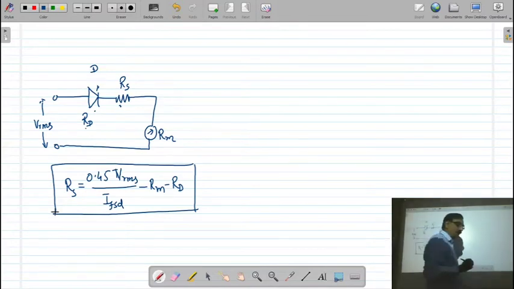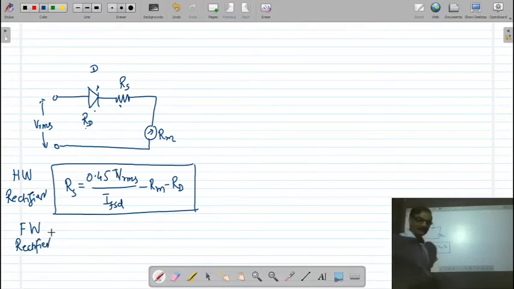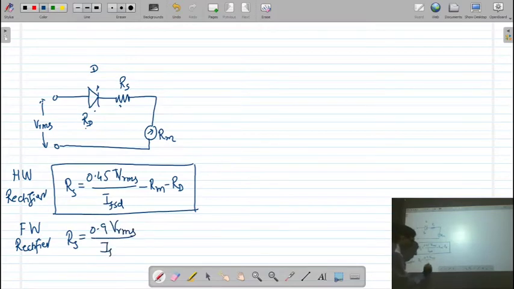Now, second thing, instead of a half wave rectifier, remember, this is for the half wave rectifier. But in an AC voltmeter, if you are using a full wave rectifier, means a bridge rectifier, in that case, the RS is given by 0.9 into Vrms divided by IFSD minus Rm minus 2Rd.